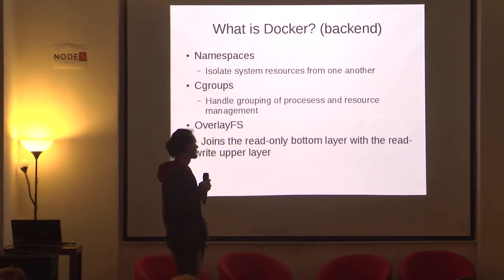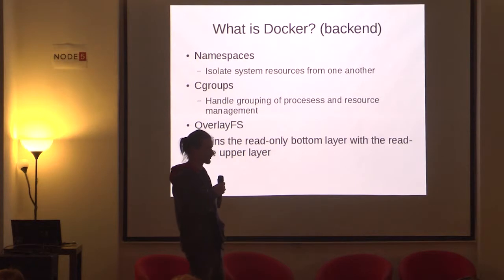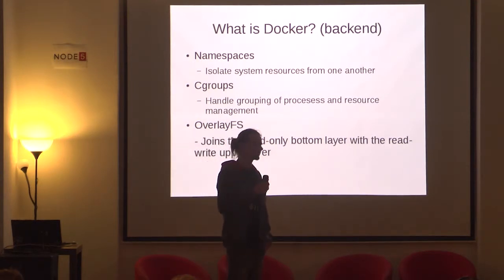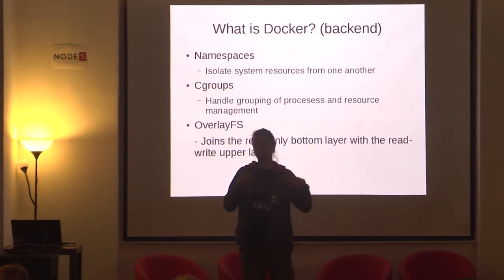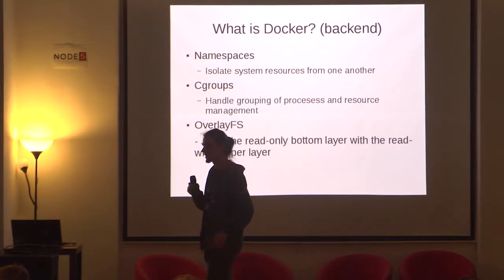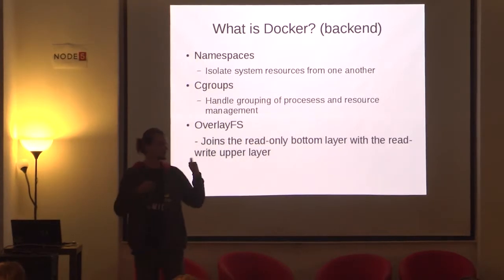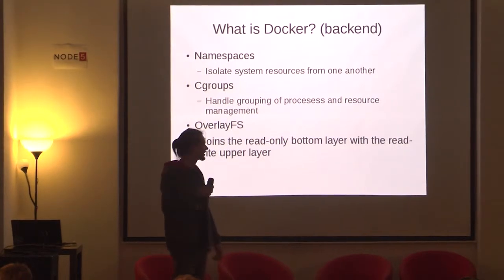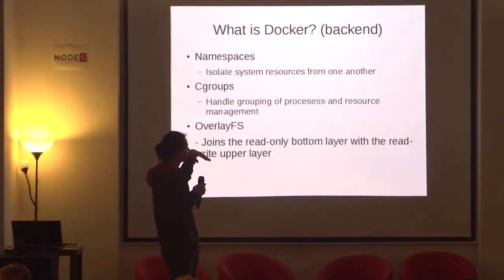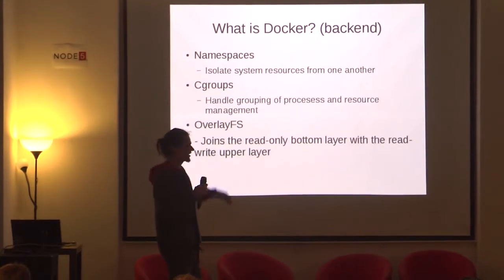Next is overlay FS, which is kind of a special file system. It's not a file system by itself. It's merely a file system of file systems. It allows you to have a lower layer that in the case of Docker is mounted as read-only, and then you have the upper layer, which is mounted read-write.